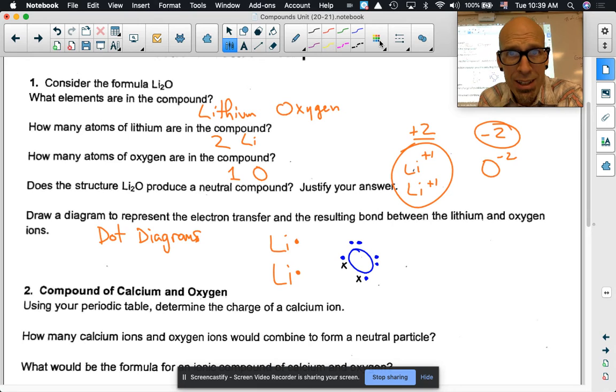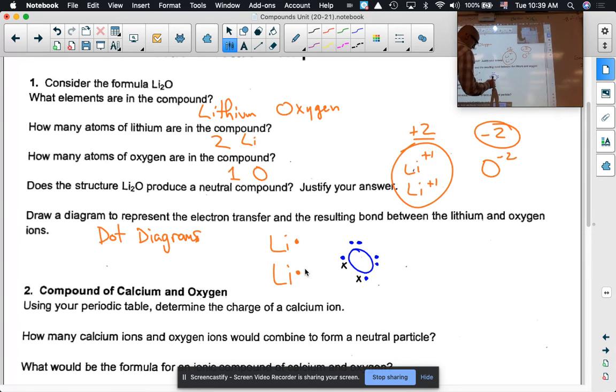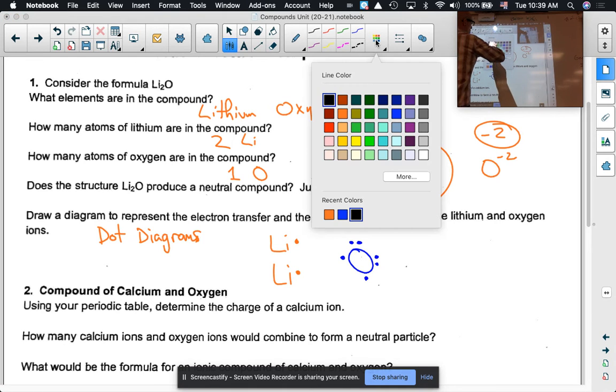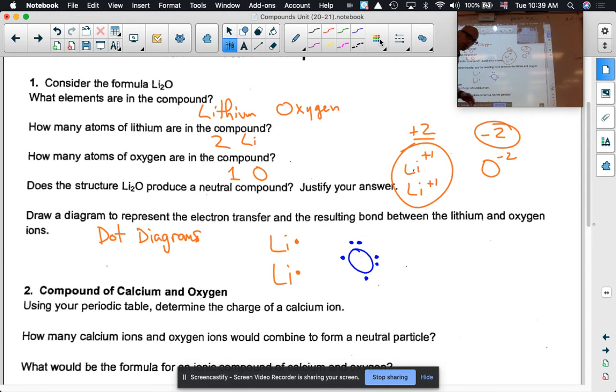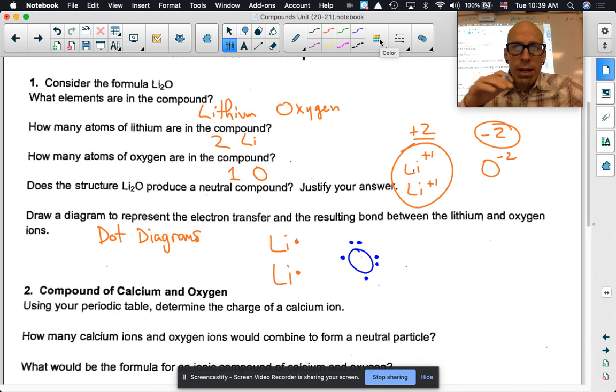Where is it going to get 2 electrons? Possibly from these 2 lithiums right here. So, let me get that out of there. What's going to happen is this, and this is why 2 colors is good. Now, you could make lithium's electrons X's, and then oxygen's electrons dots, and then with X's and dots, you can tell whose electrons are whose.